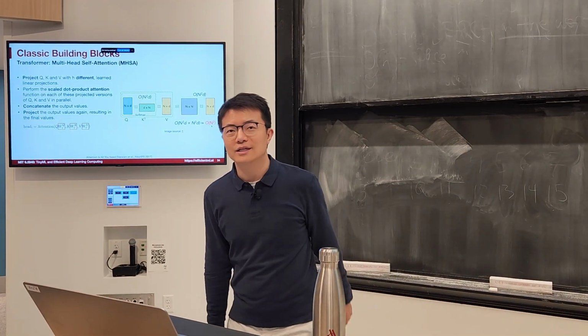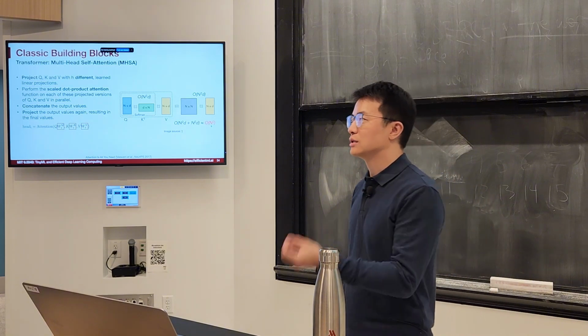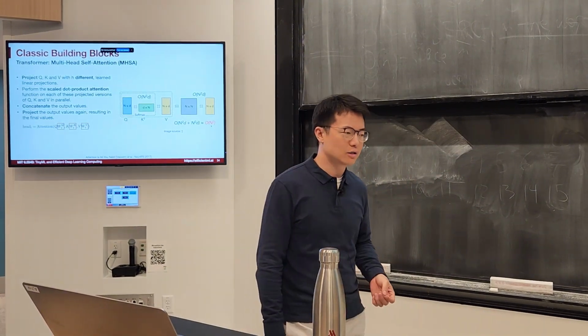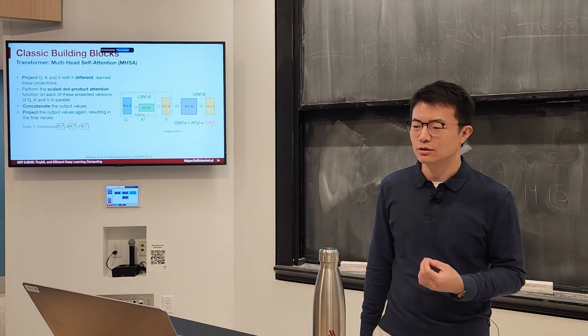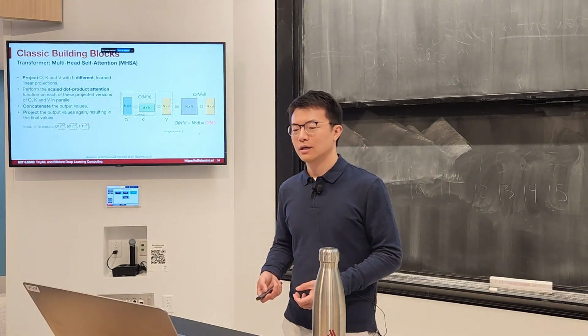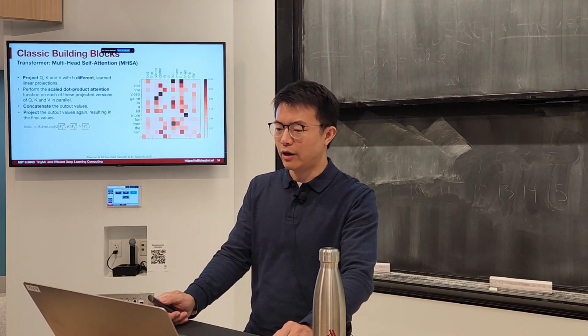It grows quadratically with the number of tokens. As the resolution gets bigger, or the context and the document get larger, the number of tokens gets larger. This is actually quite computationally expensive. So that's the attention part.